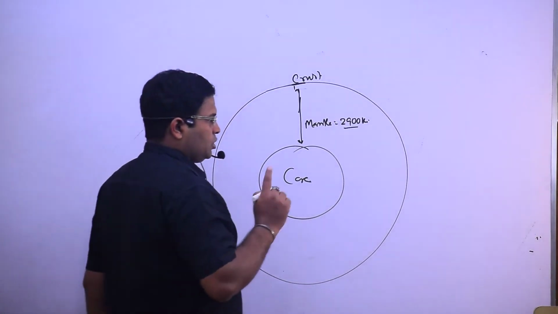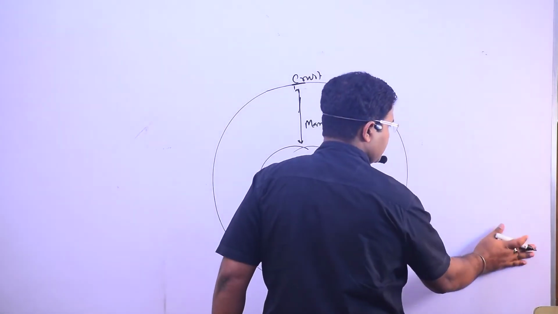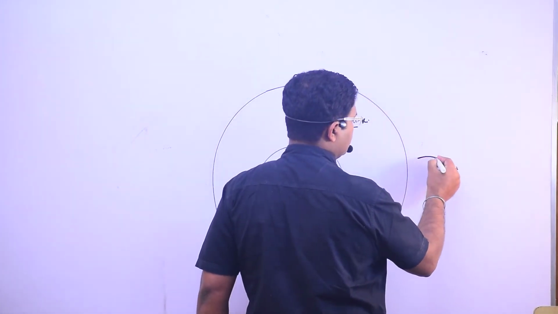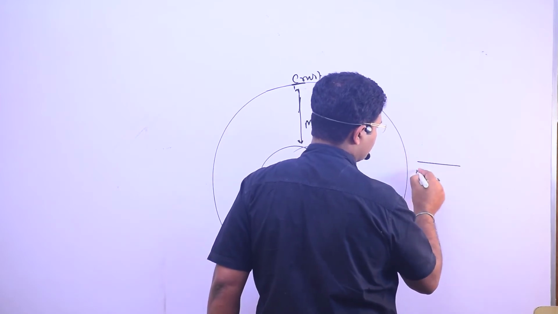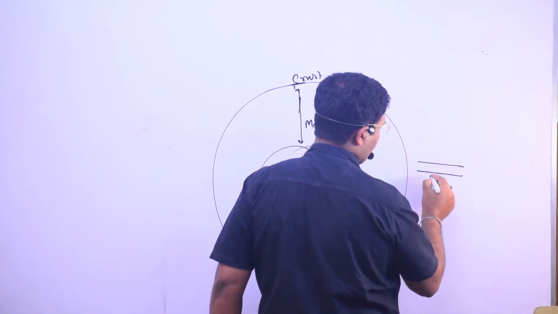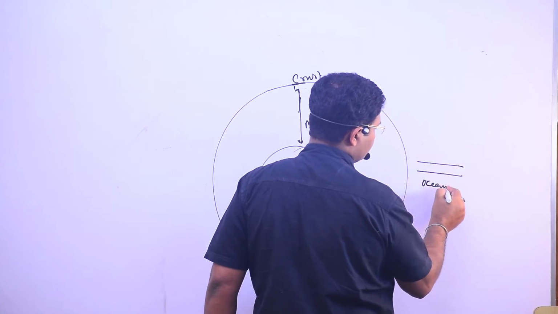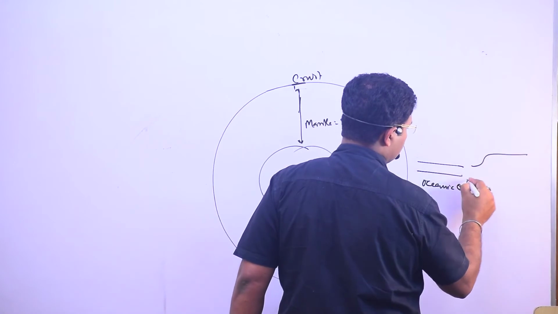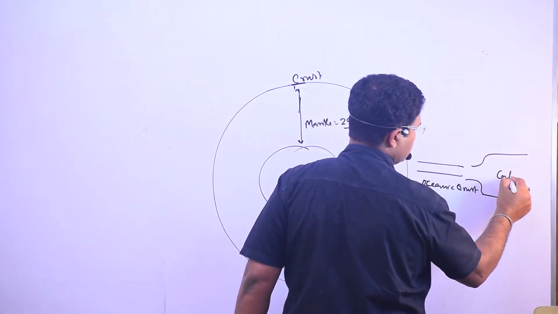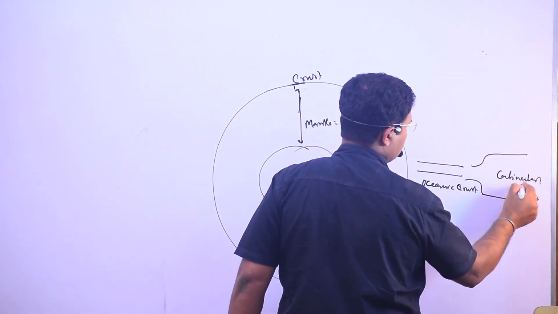We know that there are two types of crust we have. One is oceanic crust, and another is continental crust.